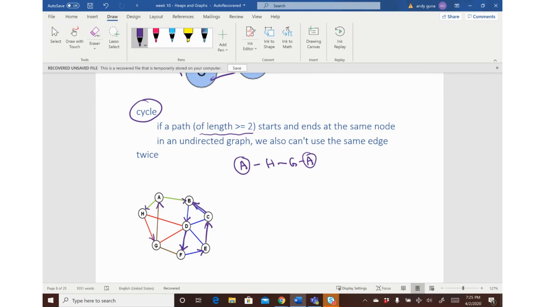When you talk about a cycle, you cannot have the same edge twice in the cycle. Could you write another cycle? One cycle is A to H, H to D, G, and G to A. Could you write another cycle in this graph?